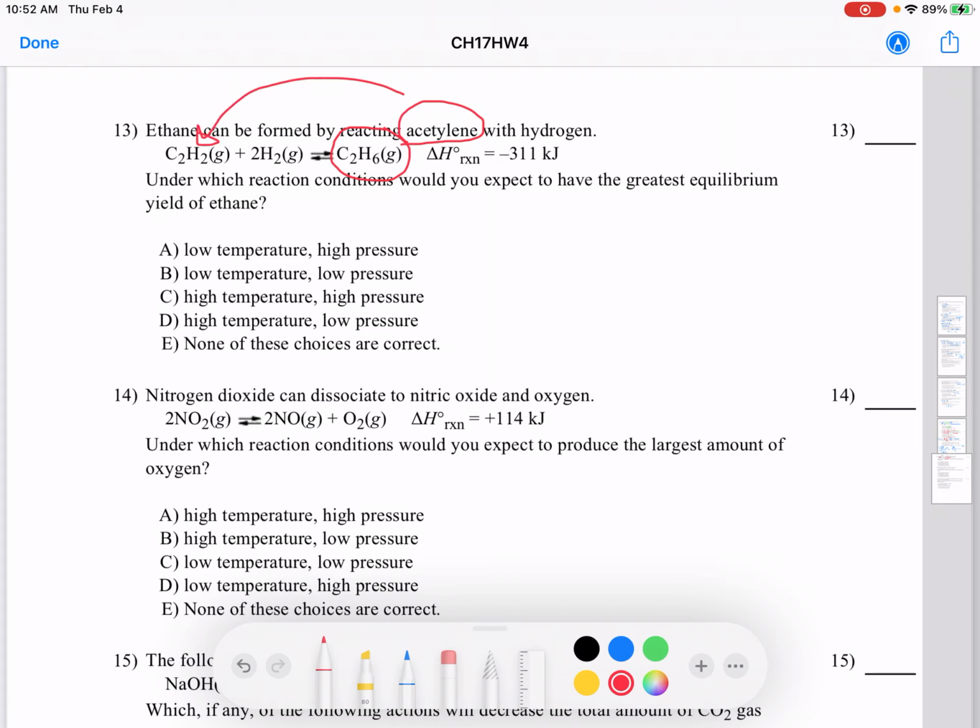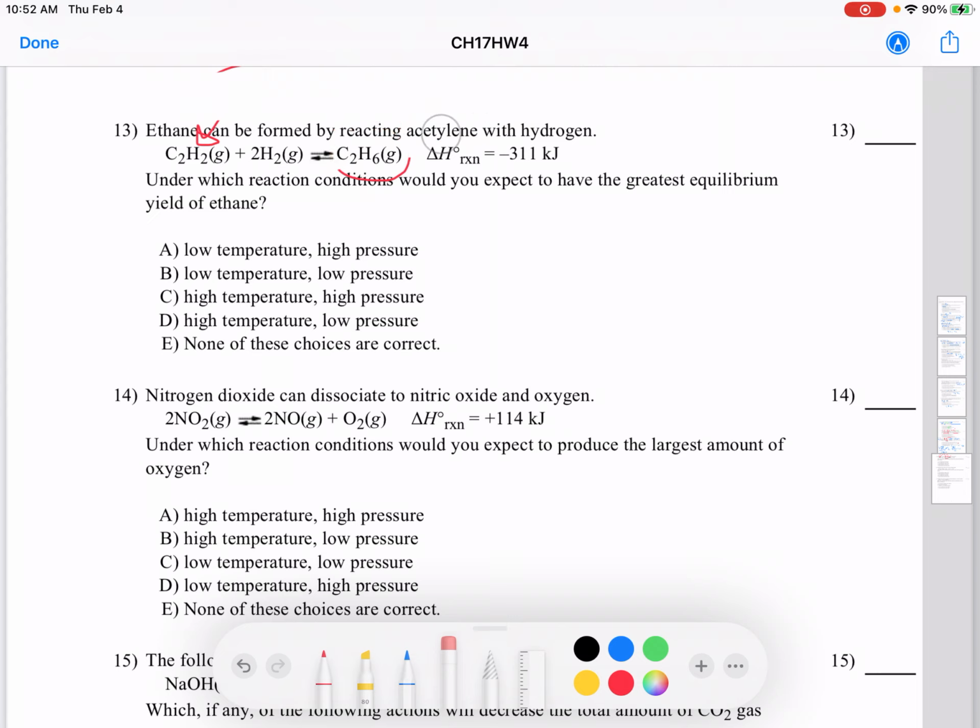Acetylene is this one, and ethane can form. Ethane is this one. Under which reaction conditions would you expect to have the greatest equilibrium yield of ethane? So we're going to see how we can maximize the product by changing the pressure and temperature. Let's see which conditions would favor it.